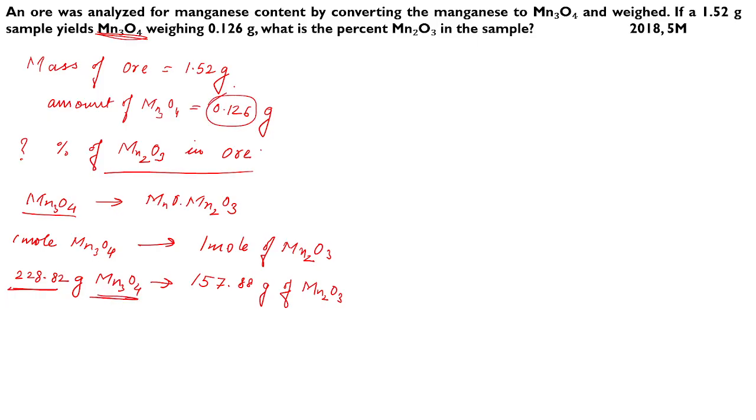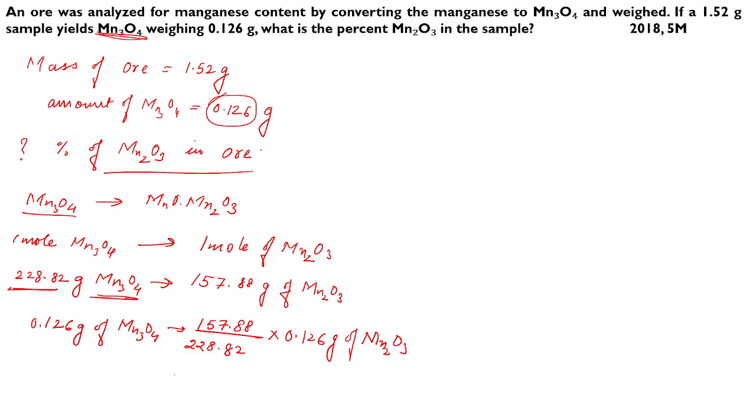We have 0.126. So 0.126 gram of Mn₃O₄ will give you 157.88 divided by 228.82 multiplied by 0.126 gram of Mn₂O₃, and if you calculate it, you will find it out as 0.087 gram is there.